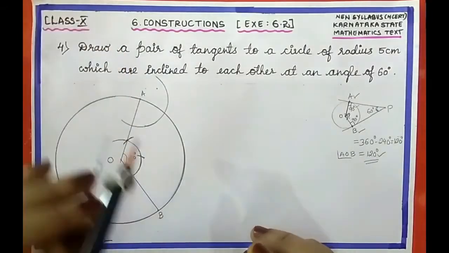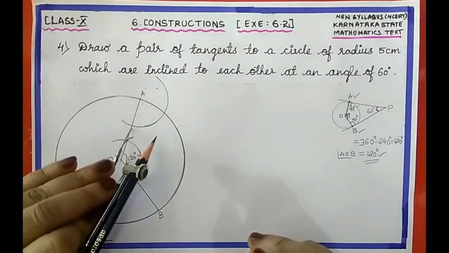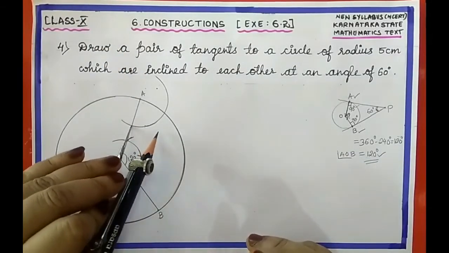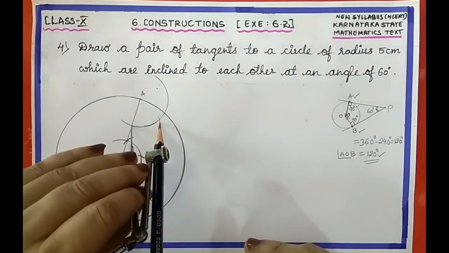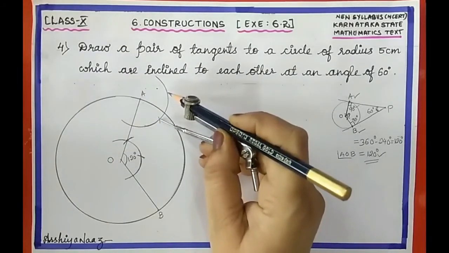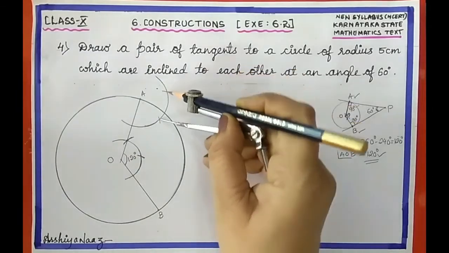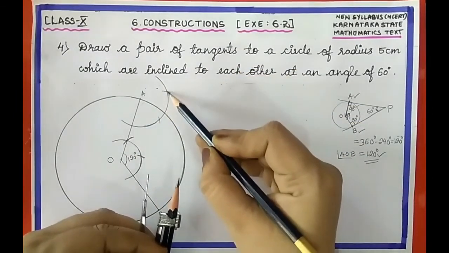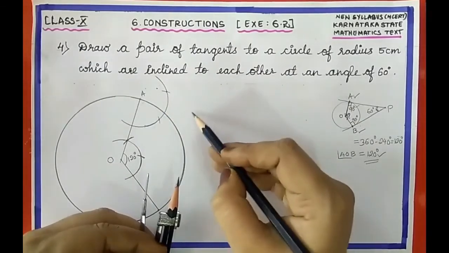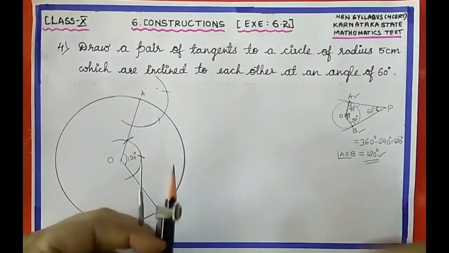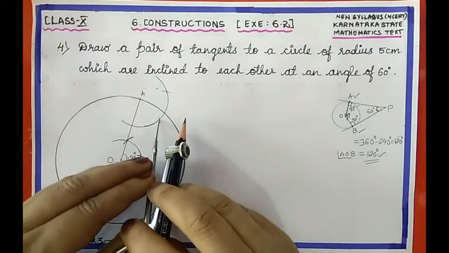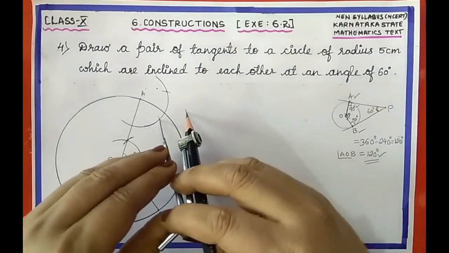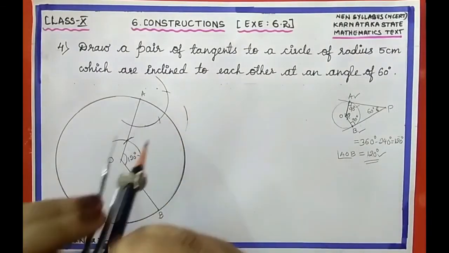Like this, with the same radius from this point, cut this arc, and again from this point, cut the arc. Now with these two points, draw the two intersecting arcs. Like this.